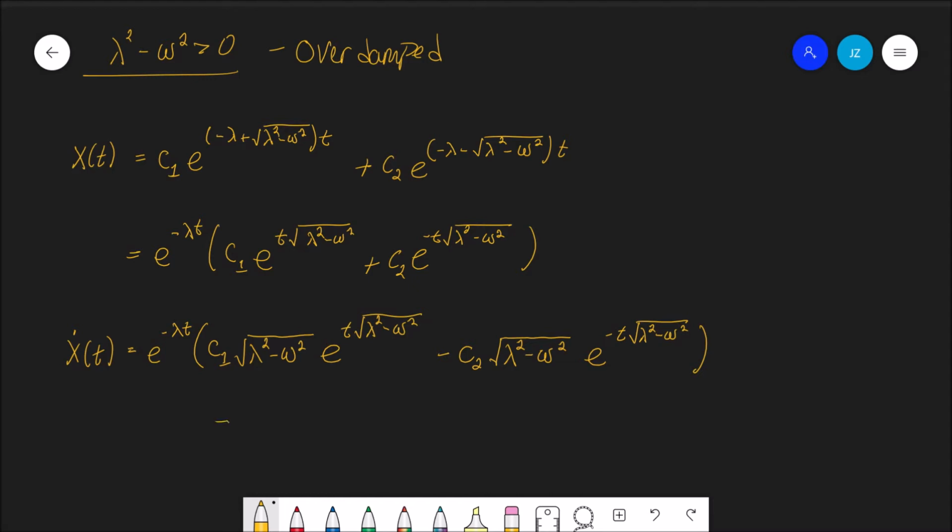Then we're going to have minus lambda e to the negative lambda t times C1 e to the t square root of lambda squared minus omega squared plus C2 e to the negative t square root of lambda squared minus omega squared.